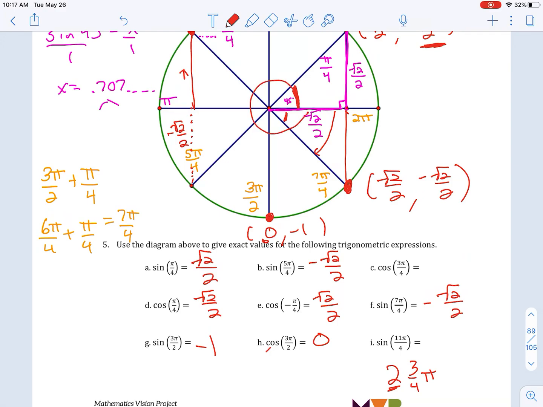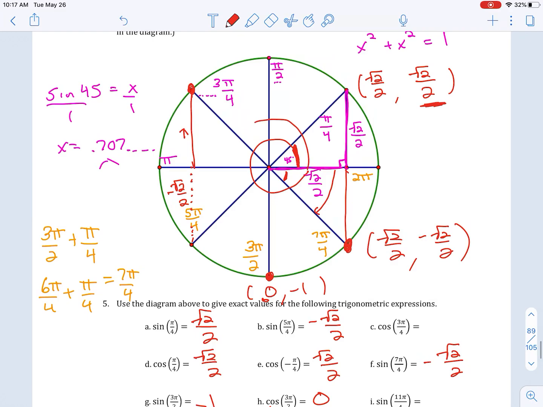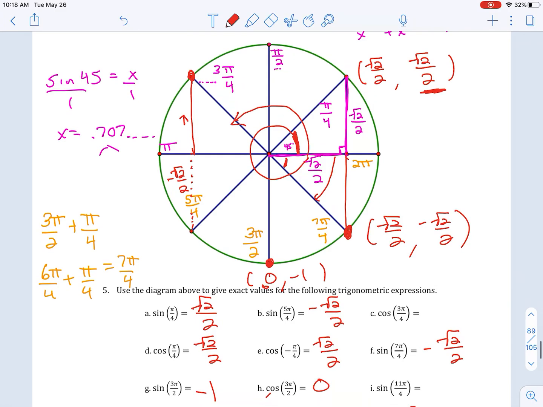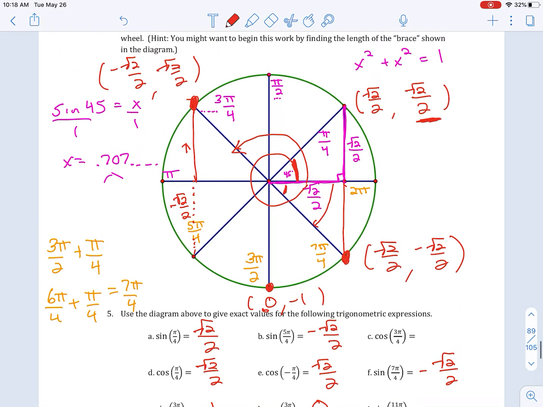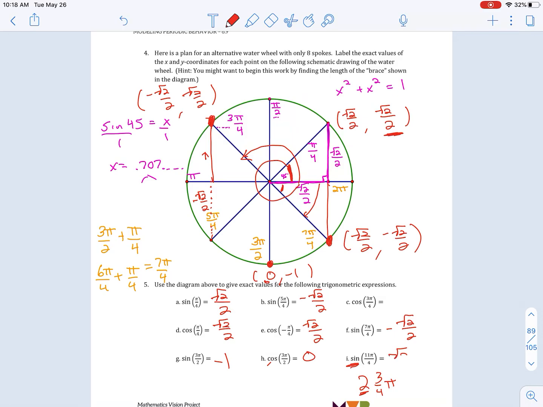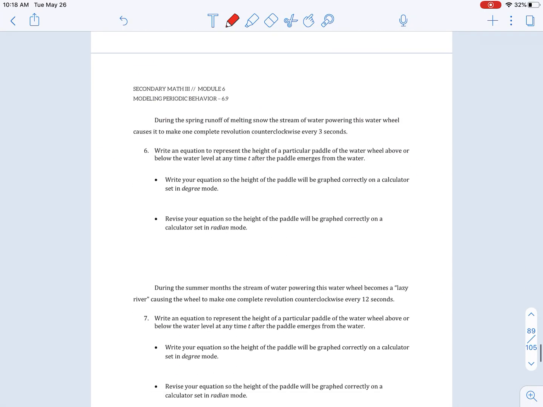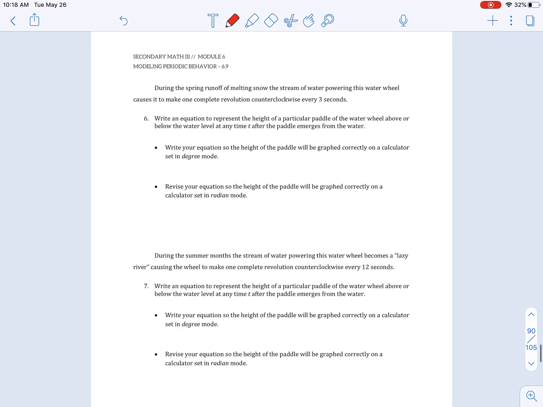There's the 2, and then I have to go 3/4, which is here, and this is a sine problem. So I'm talking about this coordinate, and that is negative square root of 2 over 2 to the left, and the square root of 2 over 2 up. Okay, so what is my y coordinate there? It's the square root of 2 over 2, positive. Okay, moving on.